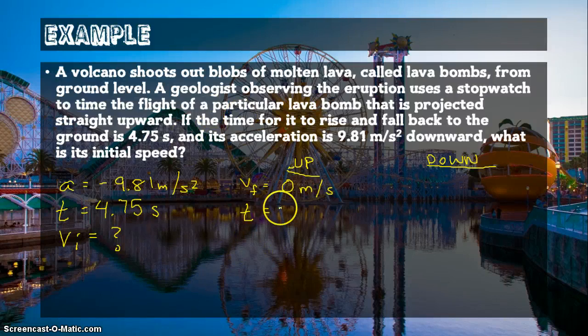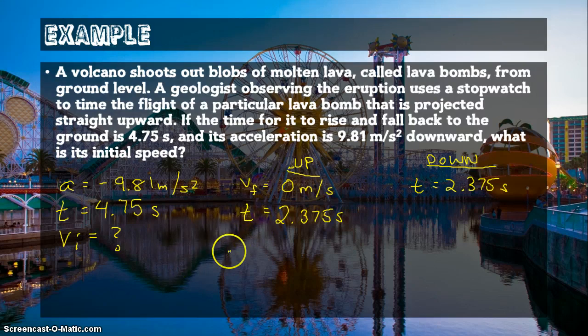We know that the time is going to be 2.375 seconds on the way up. It's also going to be that on the way down. So now we have a v_i, an a, v_f, and a t. We don't have more than one variable that's unknown. So let's use our equation v_f equals v_i plus a t. 0 is going to be equal to our initial velocity plus negative 9.81 times 2.38 seconds.